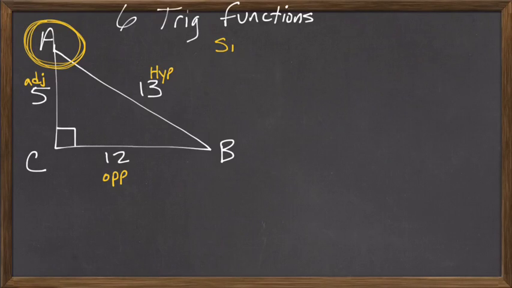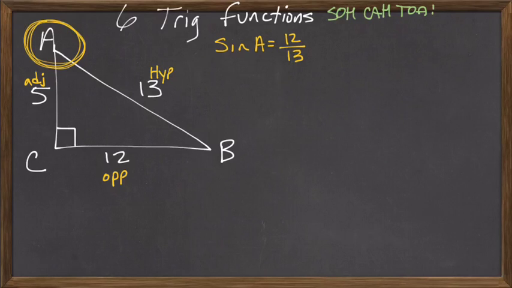All right, so sine of angle A is 12 over 13, because, as we know, we have our fantastic phrase, SOH CAH TOA, and it tells me which trigonometric function is sine, cosine, and tangent.